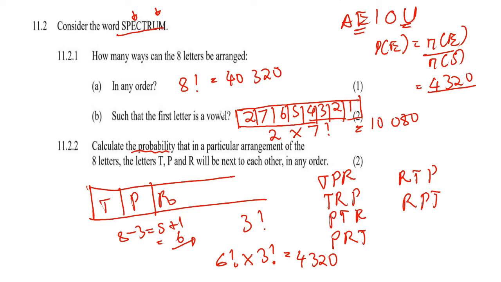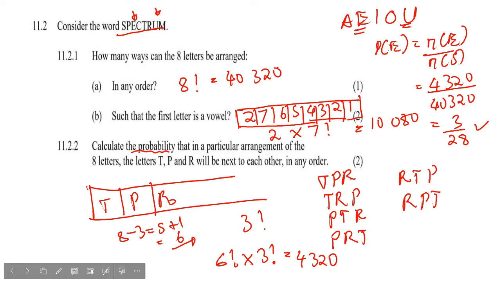So the one that does not include any restriction is the 40,320 here. So if we say 4,320 divided by 40,320, that will give us 3/28. And then this becomes our probability for 11.2.2. Right. Hope it makes sense.